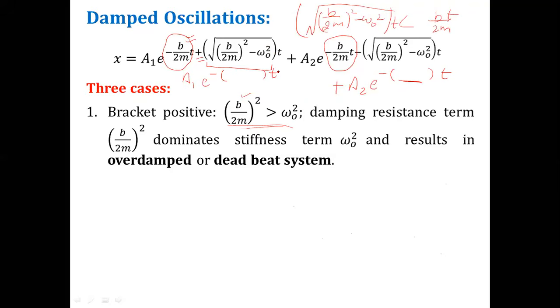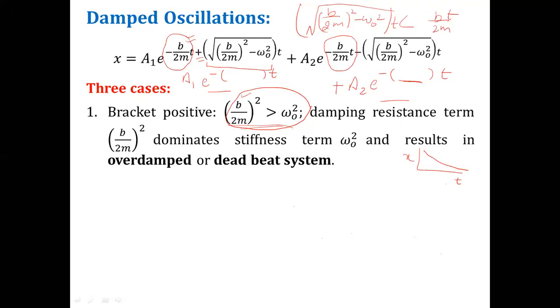The solution for this equation in this particular scenario, when your b upon 2m square is greater than omega naught square, will have both the terms as exponentially decaying function. So what would happen is that if you plot your x as a function of time, it would simply be a sum of two exponential functions, and both of them are exponentially decaying function.